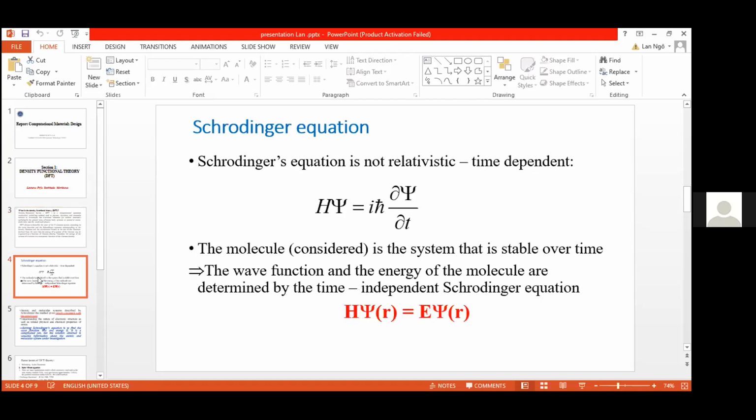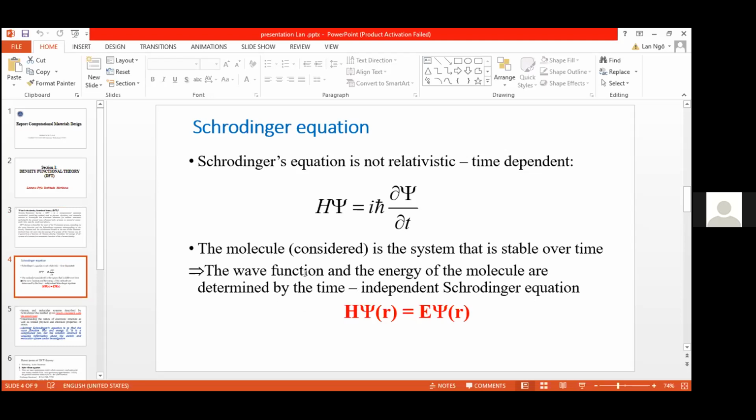In this Schrödinger equation, it is non-relativistic and time-independent. In this, the molecule is considered a system that is stable over time.